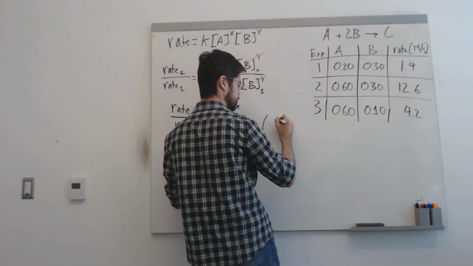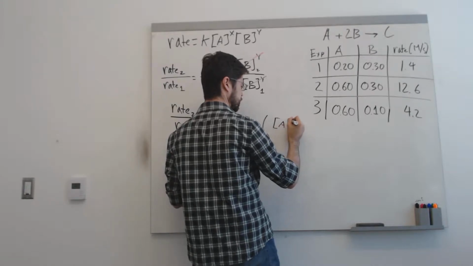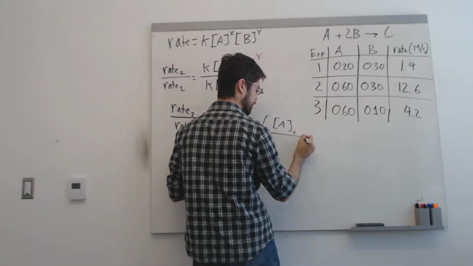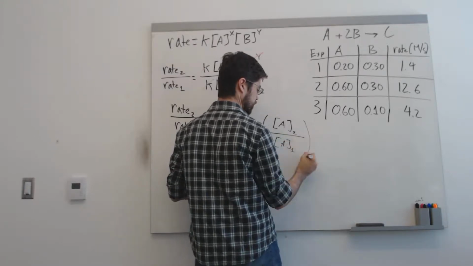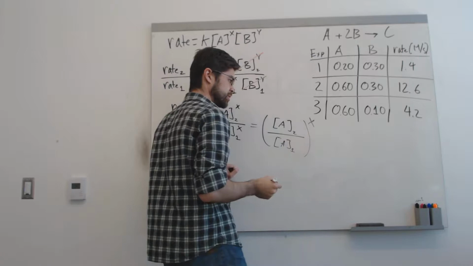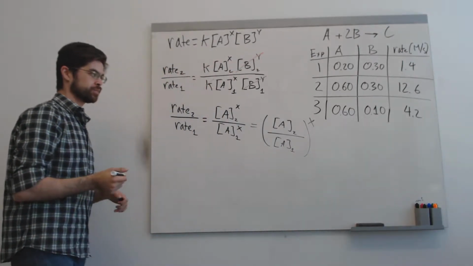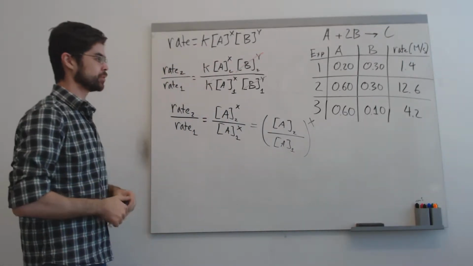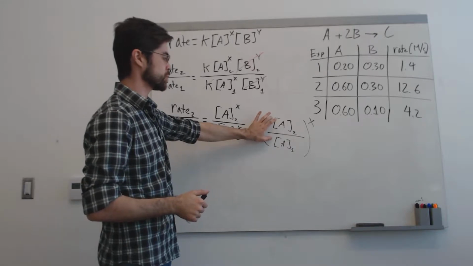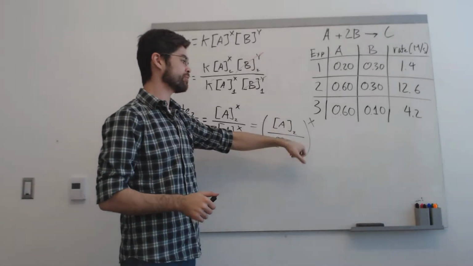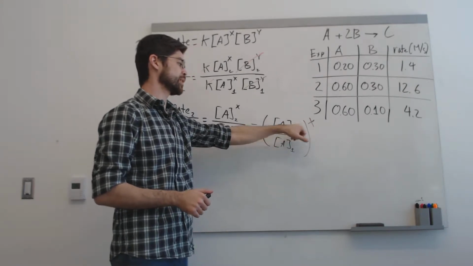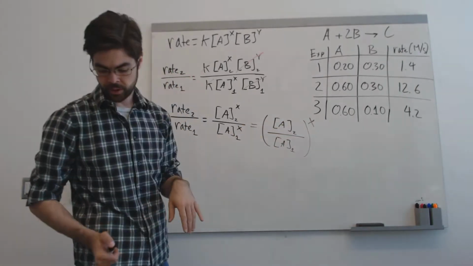This should be equal to the numerator over the denominator, the whole fraction raised to the power of x. So now I'm looking at the relationship of this ratio, and what power I need to raise this ratio to in order to equal the rate ratio.